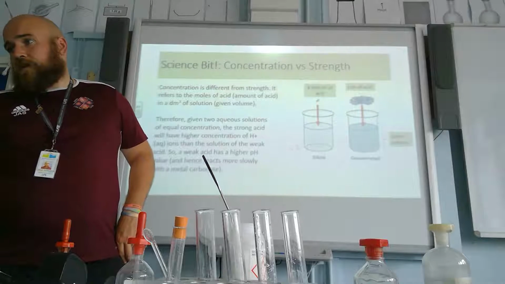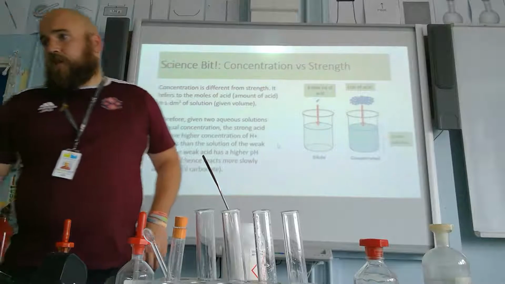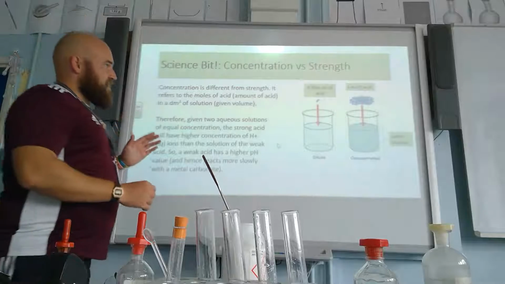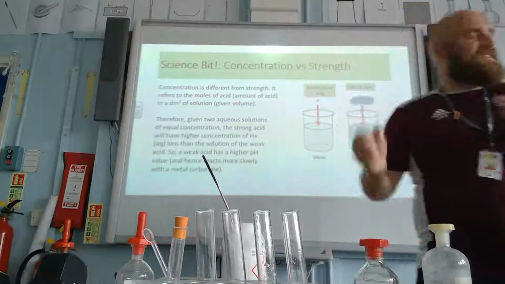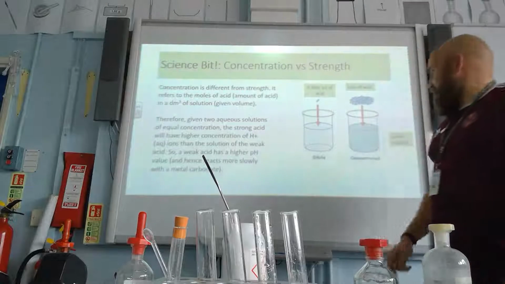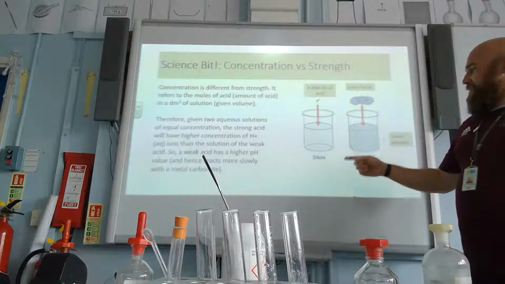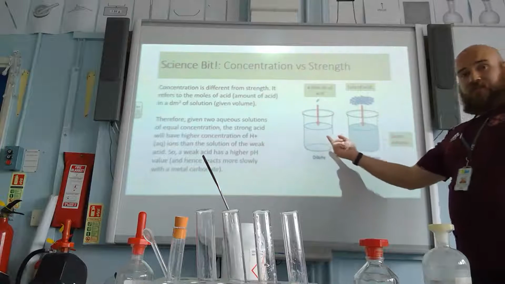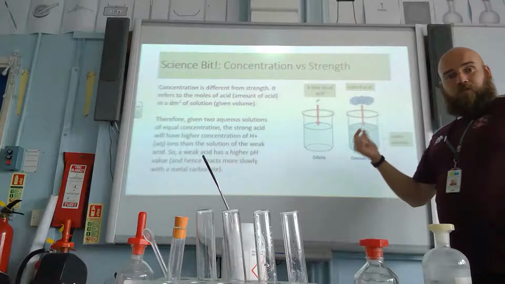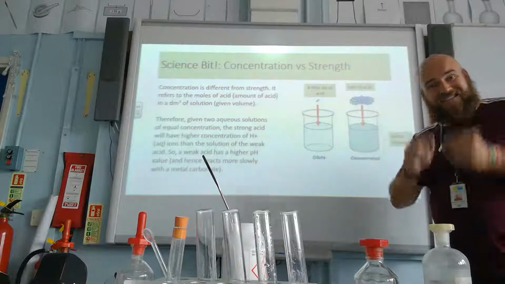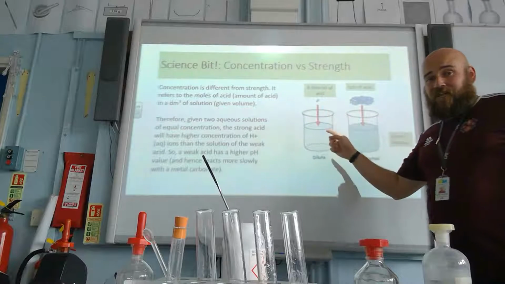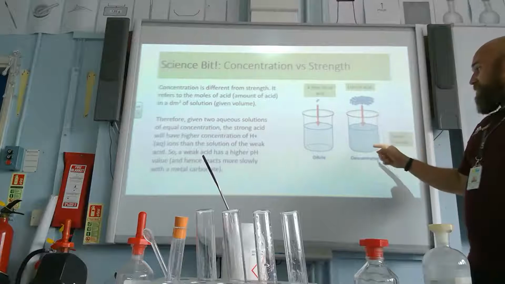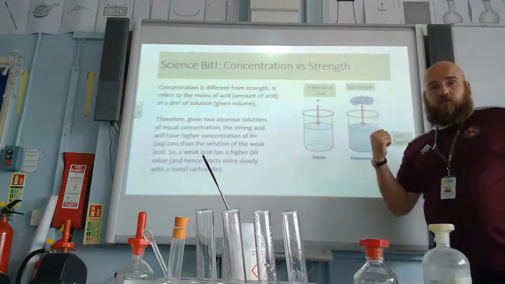So concentration is how much of the solid acid is dissolved in the water. Forgive this very crude diagram. You've got two beakers here, and you notice that the volume of water in both is the same. But this one has a little bit of acid dissolved in it. This one has lots of acid dissolved in it, so it is more concentrated.